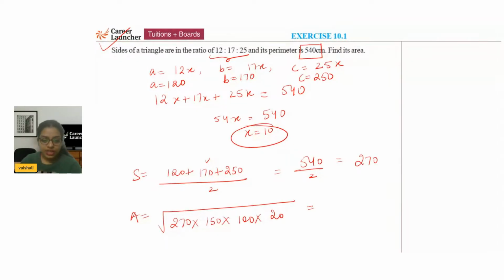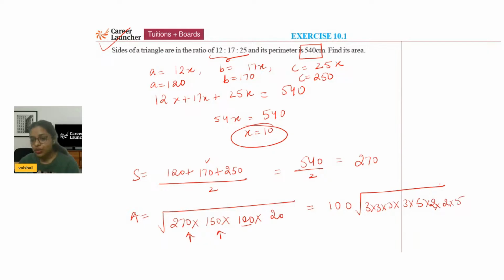Now try to see, is there anything that we can take out common? How many zeros are there? 1, 2. So 1 0, 3, 4, another 0. There is one more, we cannot take that out. So it means I can write this down as 27, how can I write it? 3 into 3 into 3. How can we write 15? 3 into 5. These two zeros have already come. What we are left with is 20. So how can I write this down? 2 into 10, I am writing as 2 into 5.